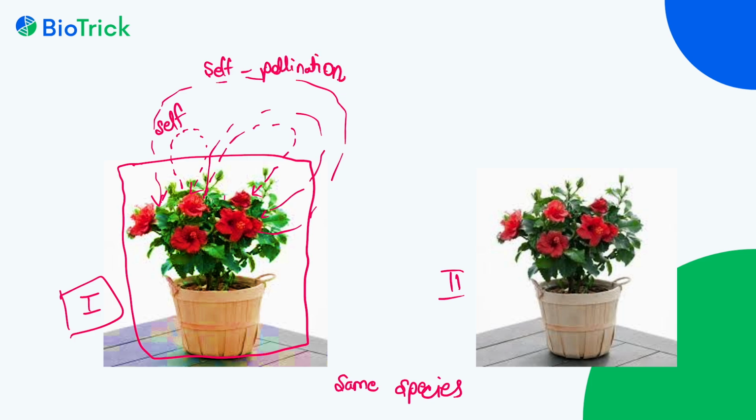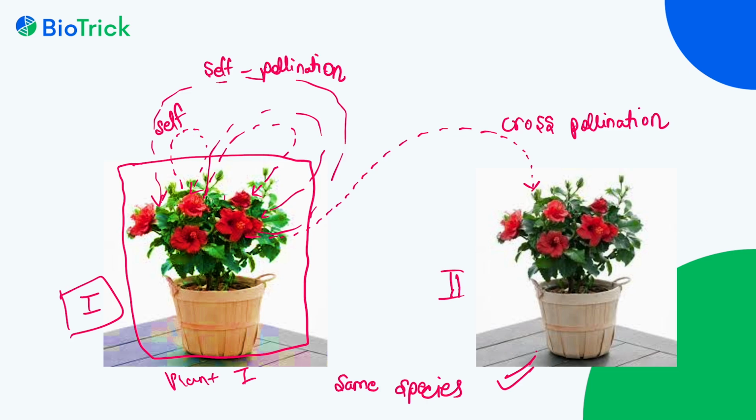But if pollination occurs between these two plants, first and second, or we can say if the pollen gets transferred from the first plant to the second plant, then it is called cross-pollination, because pollination is occurring on a different plant. It is cross-pollination.